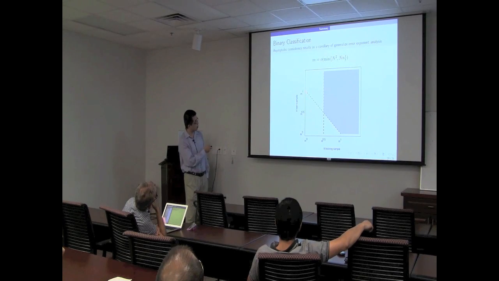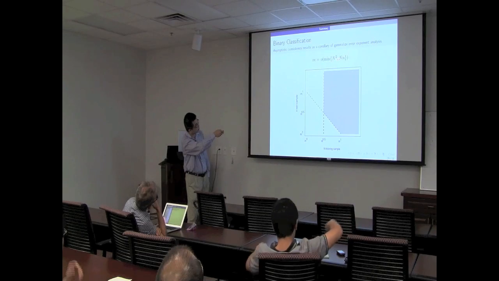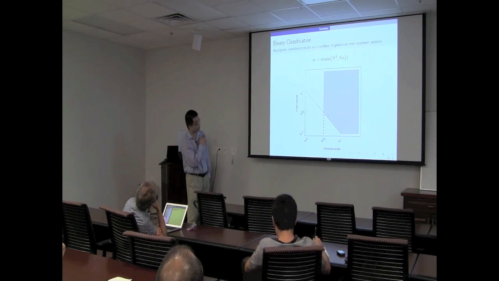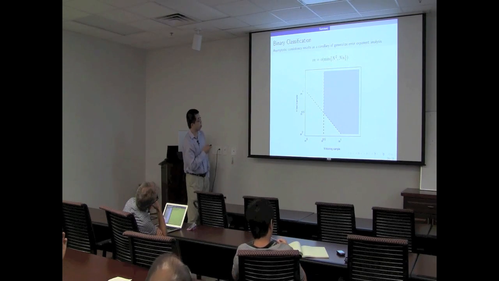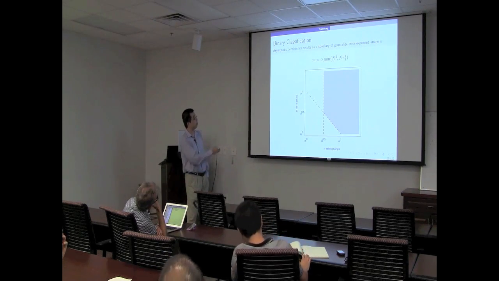The first curve says, this is the number of training times test samples. If they have a certain trade-off between these two, so if the size of the alphabet grows smaller than the number of test samples times the number of training samples, that gives you this curve. Anywhere here, you're good with the classification problem.